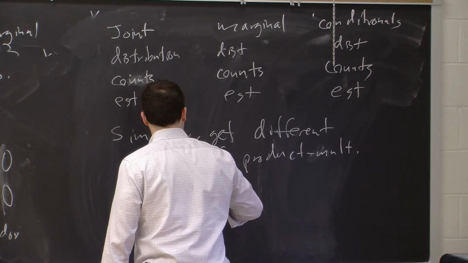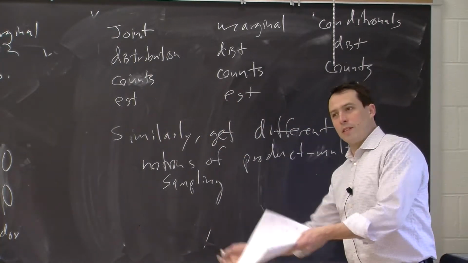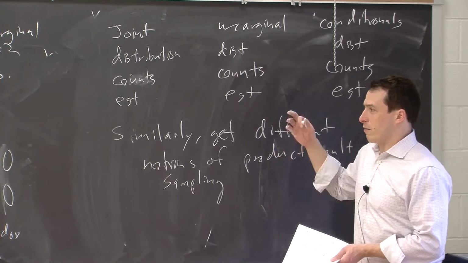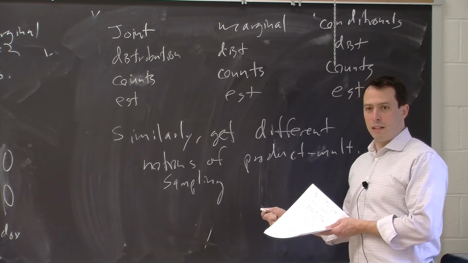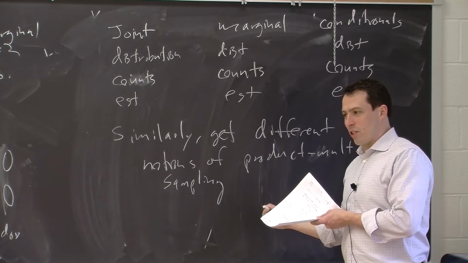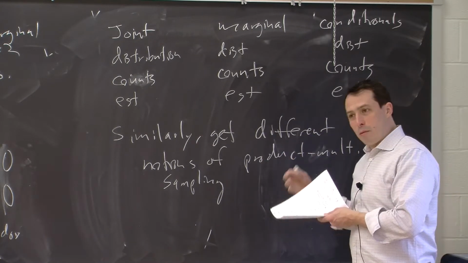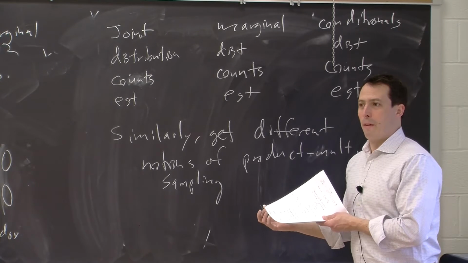So as I vary what I'm fixing, what becomes the sample is different, right? Whereas in the two-way table, I have this choice of, well, I fix the rows, or I fix the columns, or I fix everything. And I get different sampling. If I fix just the total count, I get multinomial sampling. If I fix just the rows, I get product multinomial. If I fix just the columns, I get a different product multinomial, right?